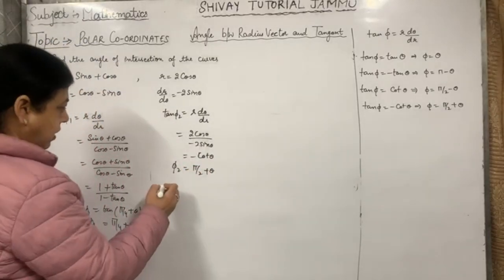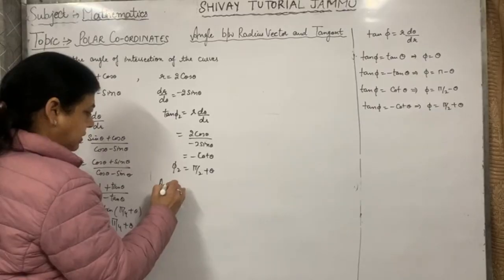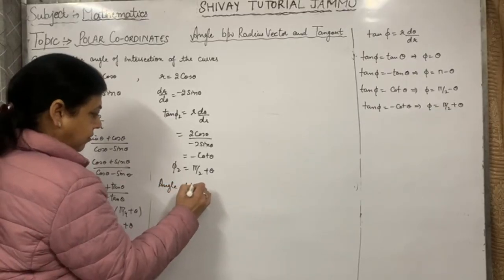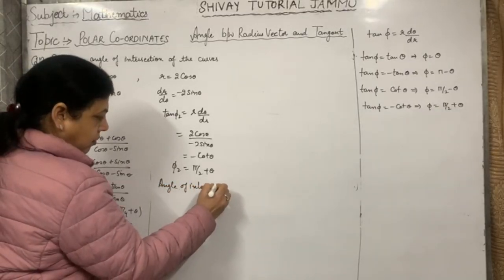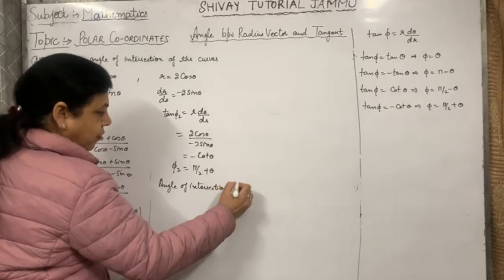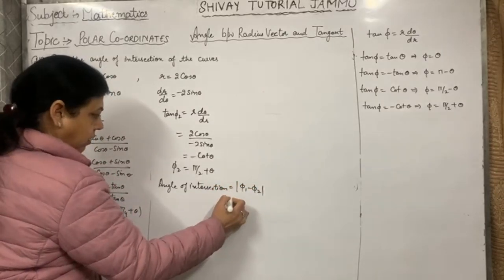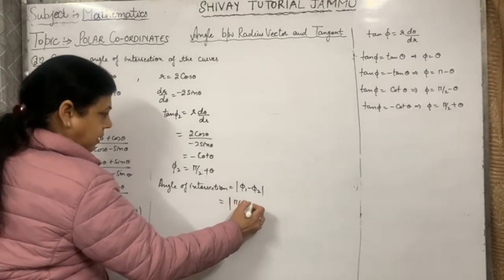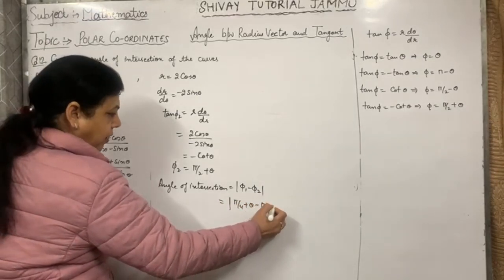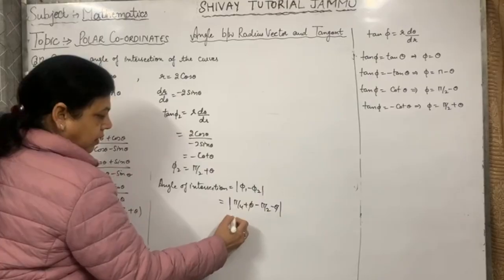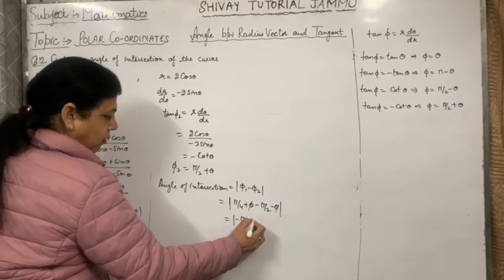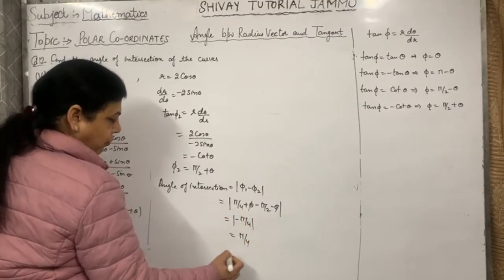Clear? Okay. Next, angle of intersection is phi 1 minus phi 2. What is phi 1? Pi/4 + theta minus (pi/2 + theta). This is minus pi/4 and the answer is pi/4.